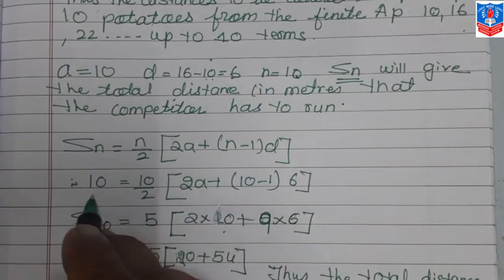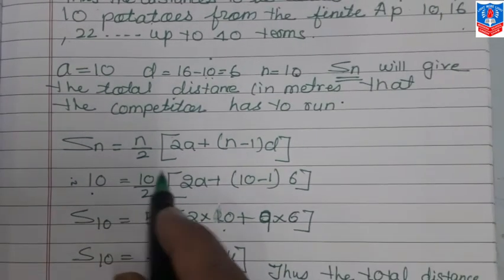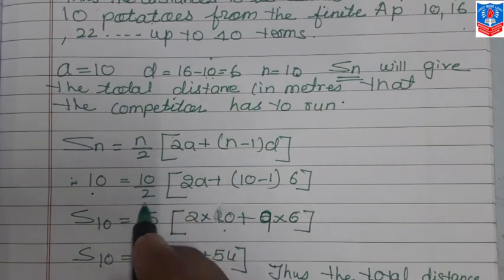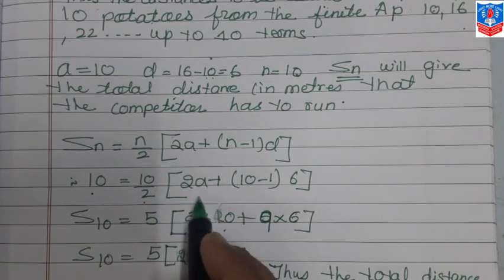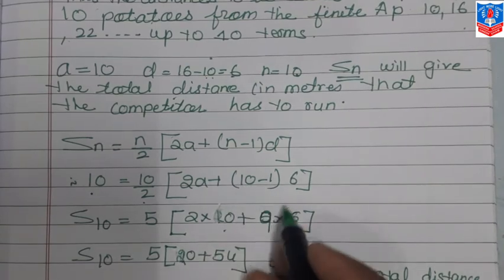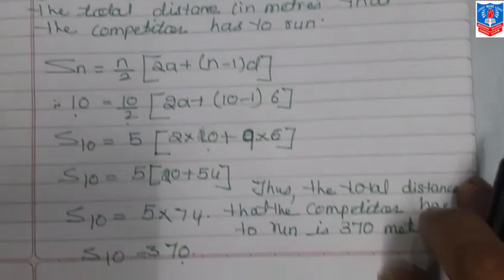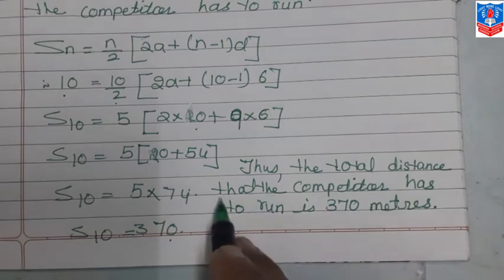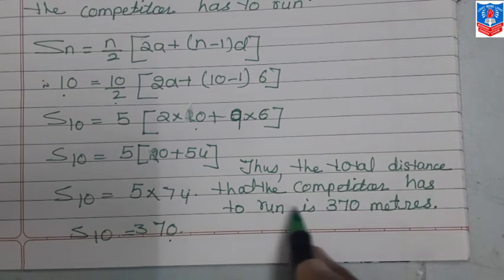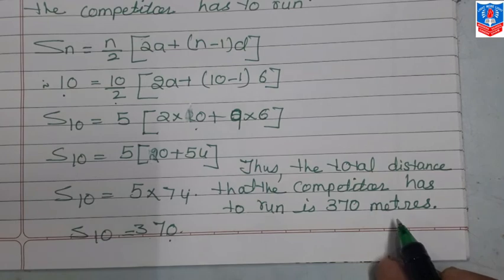Sn क्या है? 10 upon 2, 2 into 10, n minus 1 is 10 minus 1, 9 into 6. तो S10 equal 5 into 20 plus 9 sixes are 54. तो 20, 54, 74. S10 equal 5 into 74. So S10 equal 370. Thus the total distance that the competitor has to run is 370 meters.